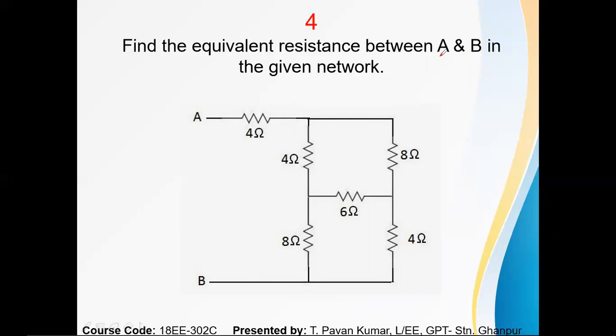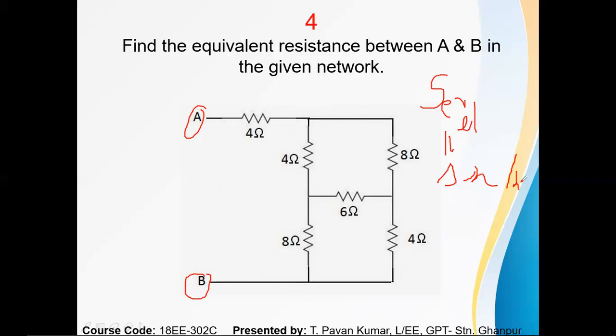Here, find the equivalent resistance between A and B in the given network. This is A and this is B. Let me find which approaches we can use. There are three ways of reduction: one is series, one is parallel, and the third one is delta to star or star to delta.